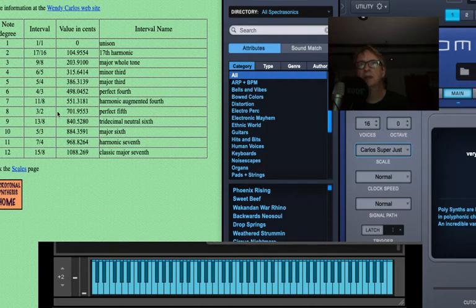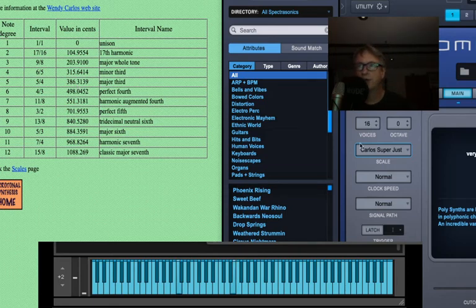But as you can see here, none of these are on the hundreds. They're all slightly off. Our 5th is off by 2 cents. That's not a lot, but you can hear it when it gets higher, when sounds beat a little bit. But our major third, 5-to-4, is 386 cents, which means it's 14 cents flat, which is enough that you can definitely hear.